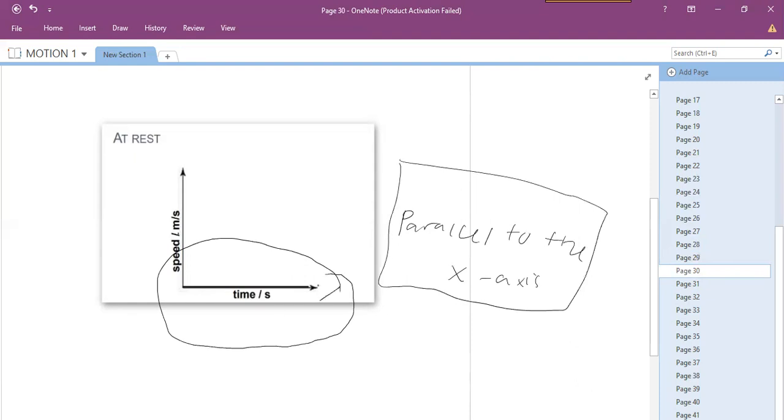It's actually not parallel, it's directly on the x-axis. So if you see the graph where the line is directly on the x-axis, it means the object is at rest in the speed time graph. So here, the object is at rest, no motion, zero velocity, zero acceleration.